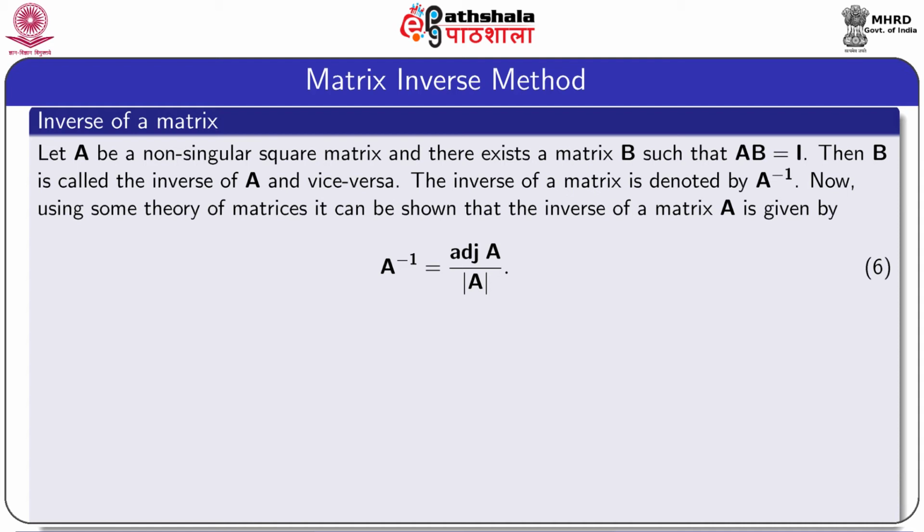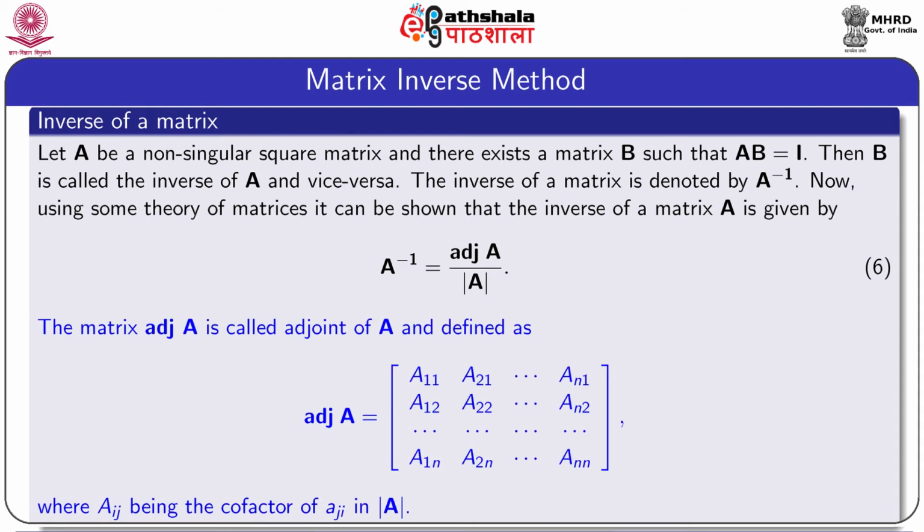The inverse of a matrix is denoted by A power minus 1, and from linear algebra we know that the inverse of A equals adjoint A divided by determinant A, where adj A is called the adjoint of the matrix A and is defined by this. Note that the capital A_ij is the cofactor of the element small a_ji in the original matrix A, or the corresponding determinant det A.